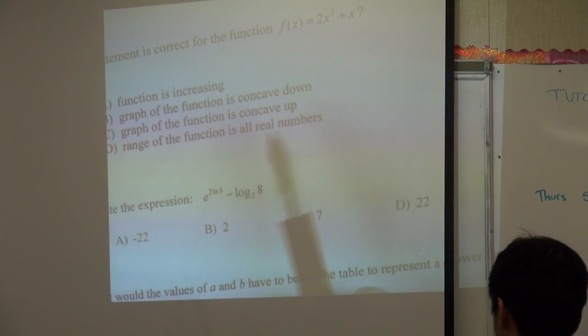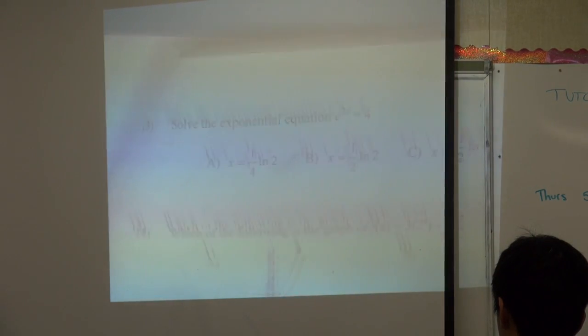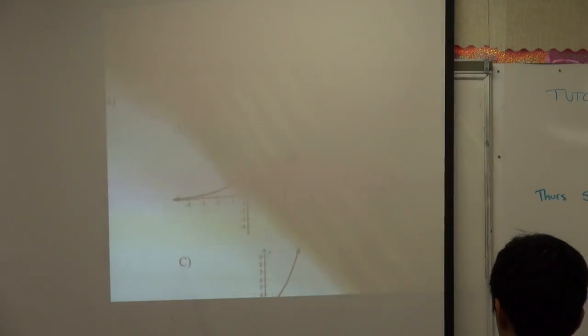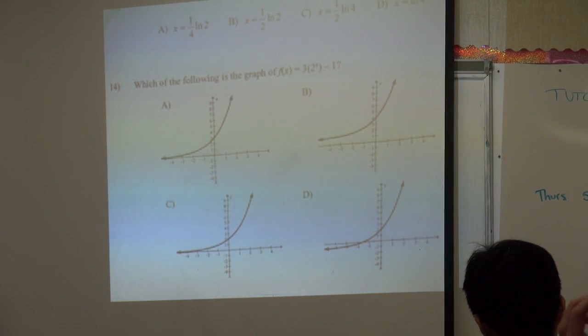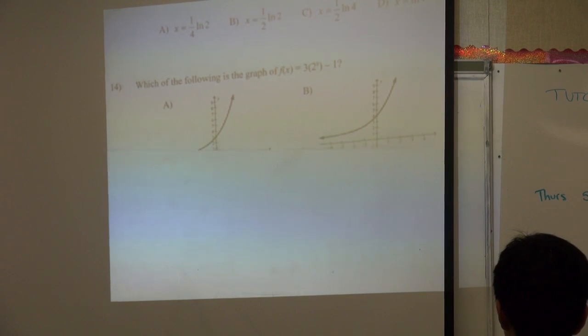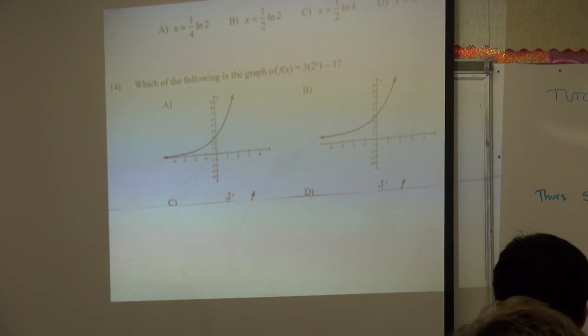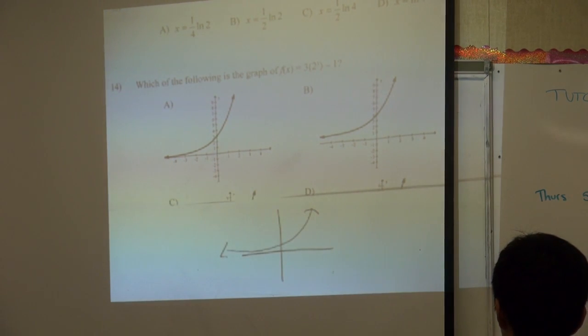Okay, I'm going to try and get a couple more in. Another question that we scored low on collectively is number 14. And this one had you looking at 4 graphs and deciding which one of them was that equation. You can tell by looking at all these graphs that they're graphs of exponential growth. And your normal graph for exponential growth looks like that.